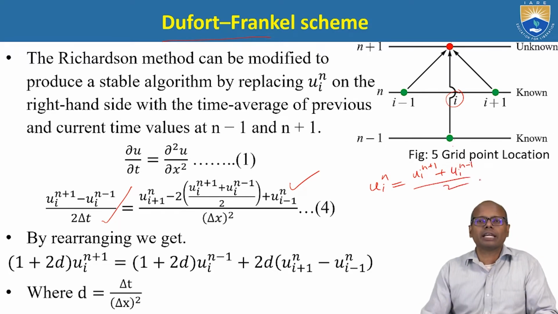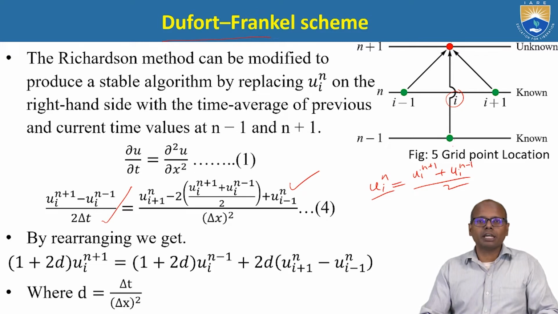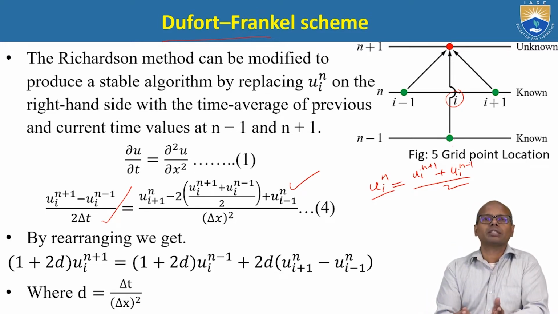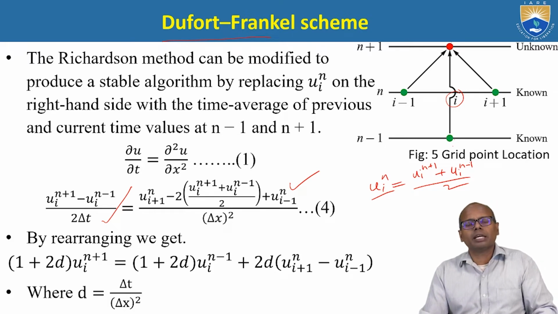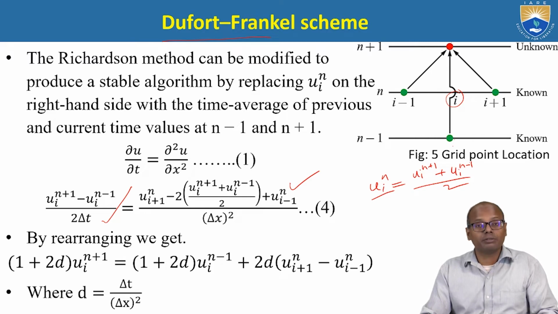This average they have taken for u_i^n, and they found that it is a stable one. Just by a small modification of the Richardson scheme, they found a very stable solution. This finite difference formulation is a very stable scheme.